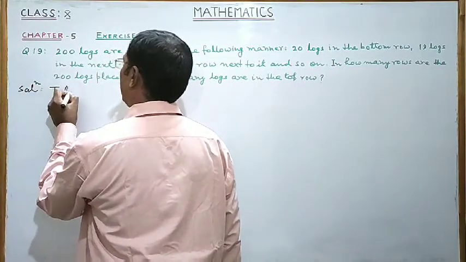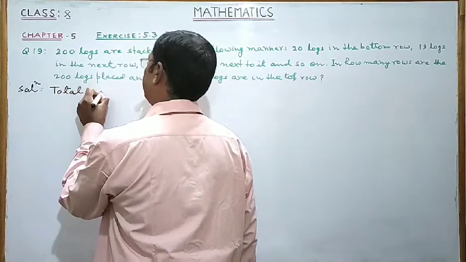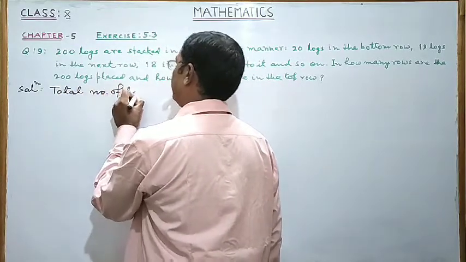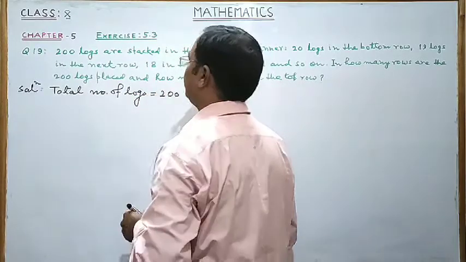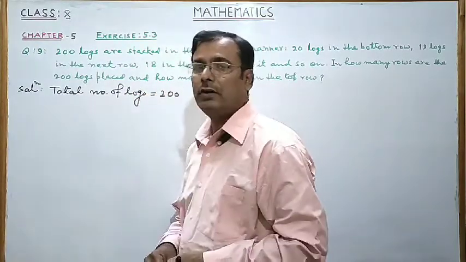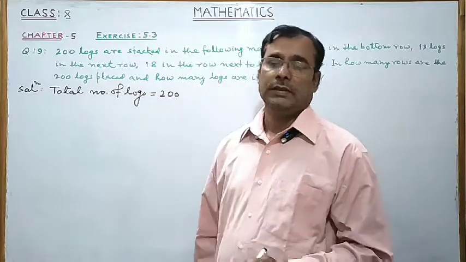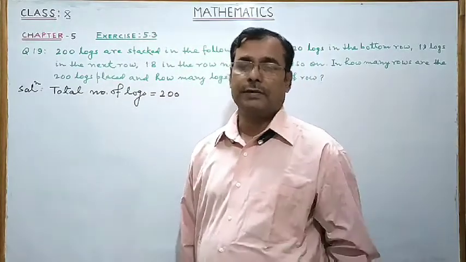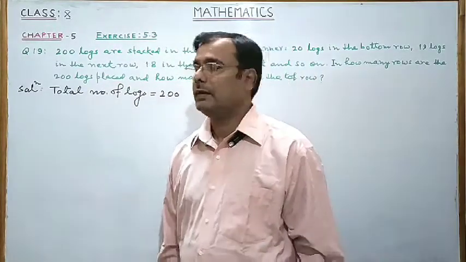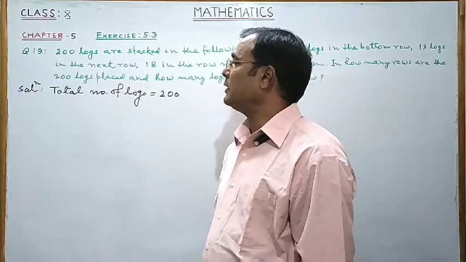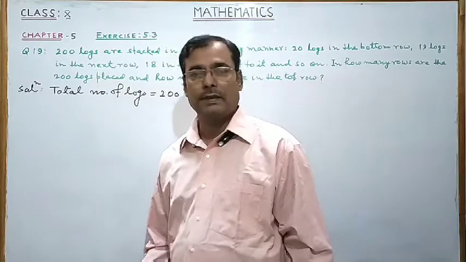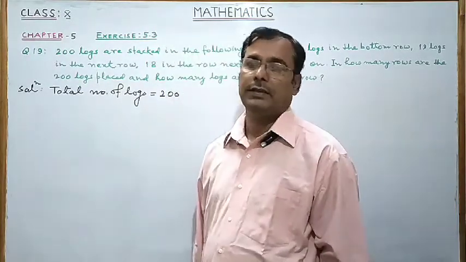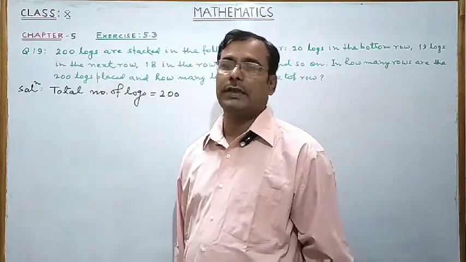Total number of logs is 200. These 200 logs are stacked in different rows, like 20 logs in the bottom row, 19 logs in the next row, and 18 in the row next to it, and so on.